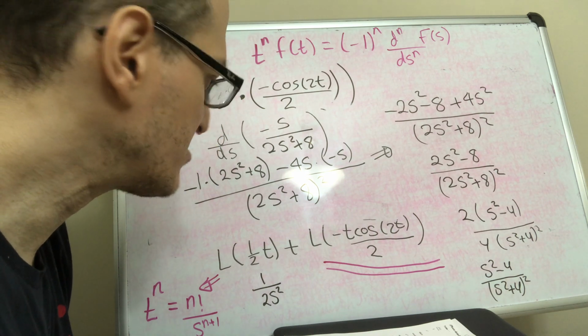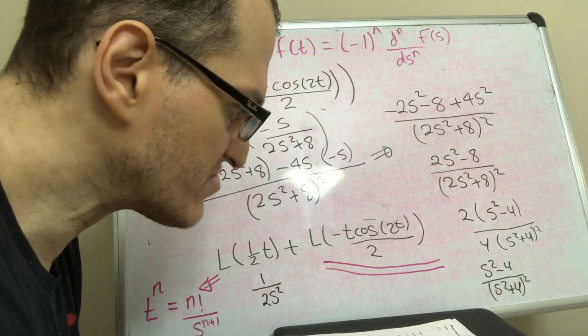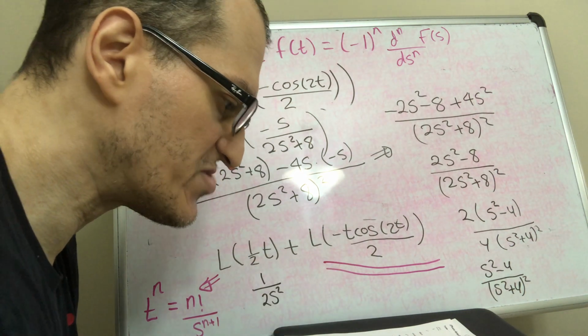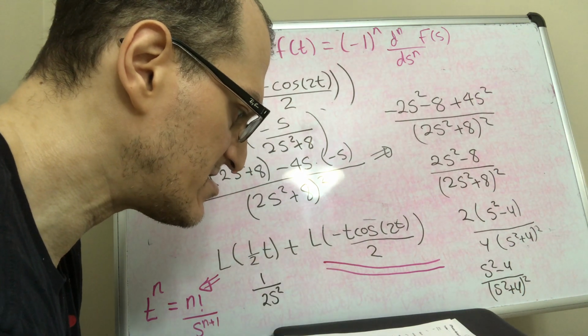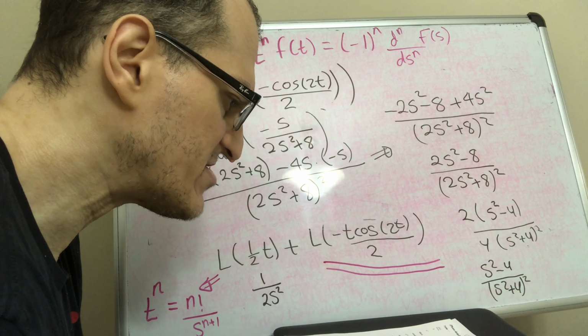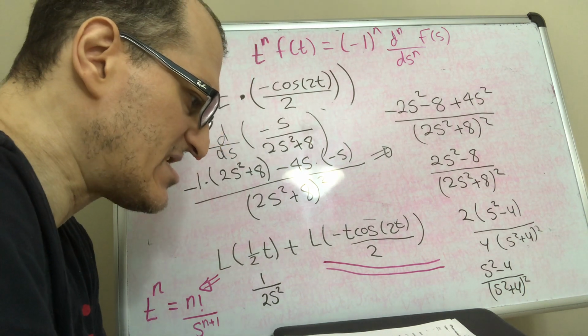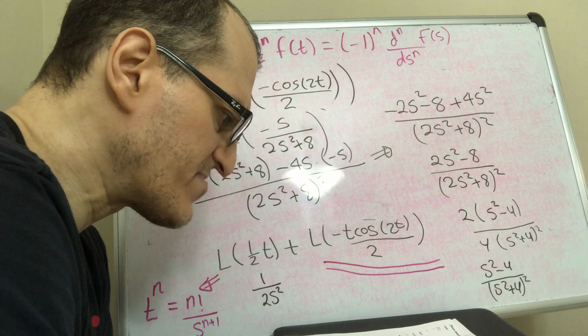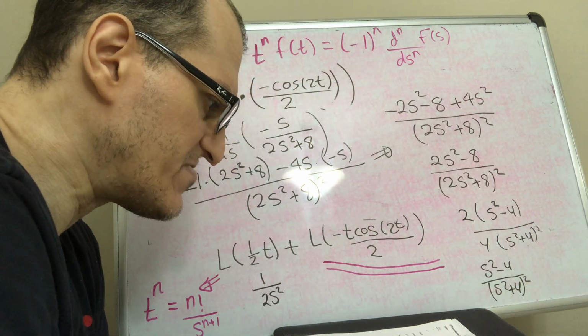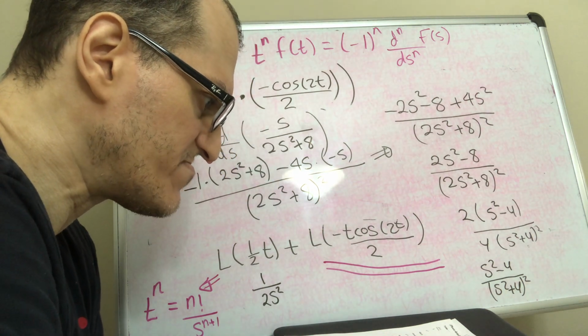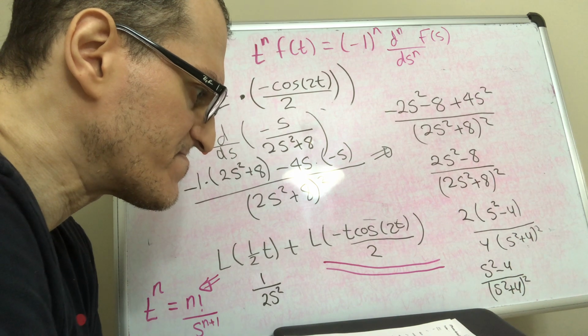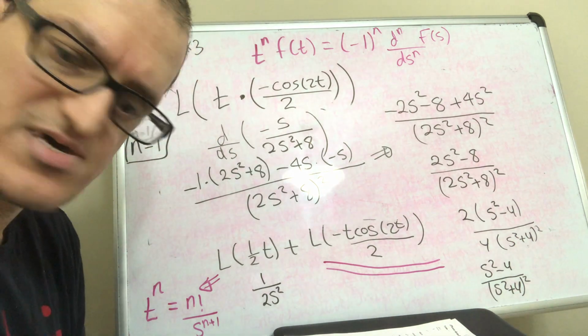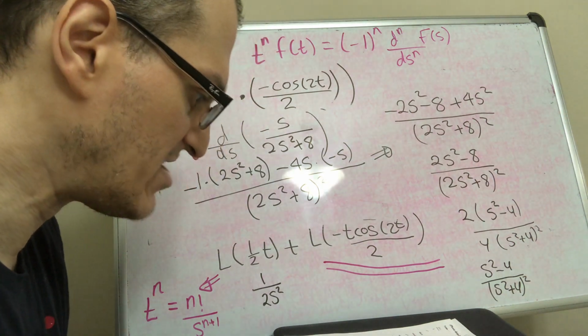I'm just making sure why my answer is positive, but the answer when I did it for you was negative. I think it's because I had an extra negative outside for no reason. Yeah, so we'll make it positive. The answer must be positive.